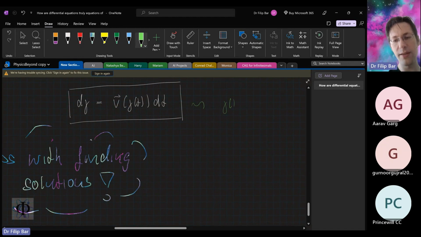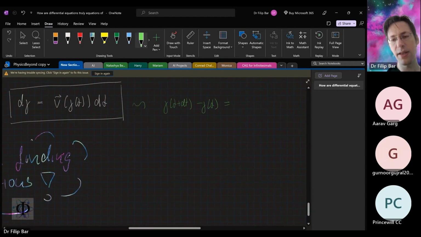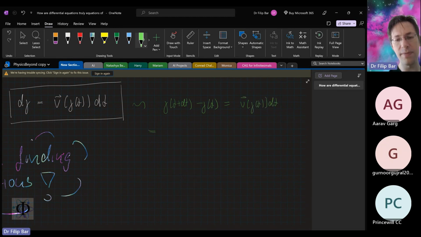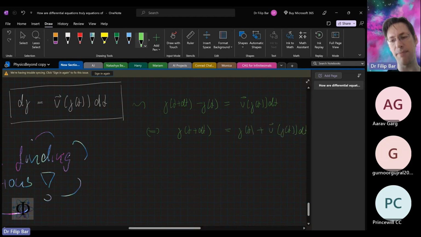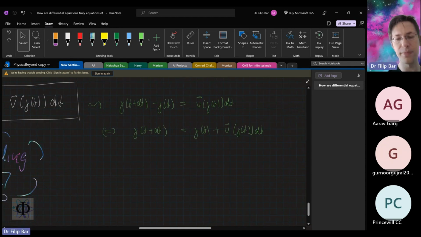We get gamma of t plus dt minus gamma of t equals v of gamma t dt. And now I can just rearrange that. I'm going to get gamma of t plus dt is gamma t plus v of gamma t dt.